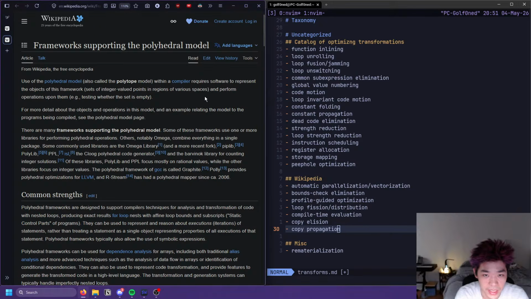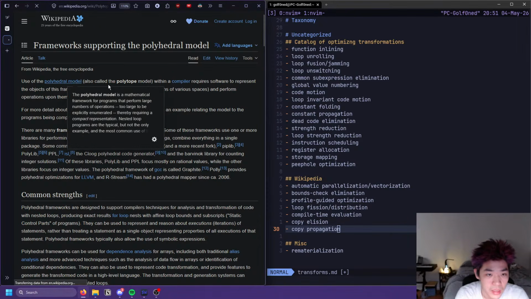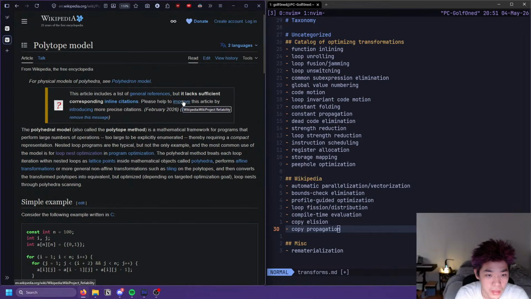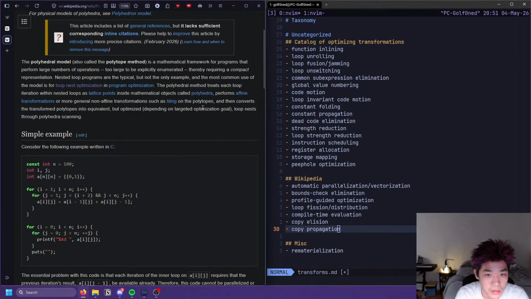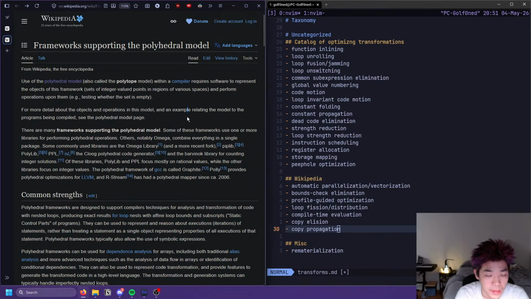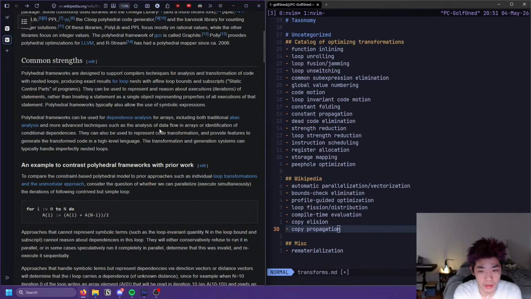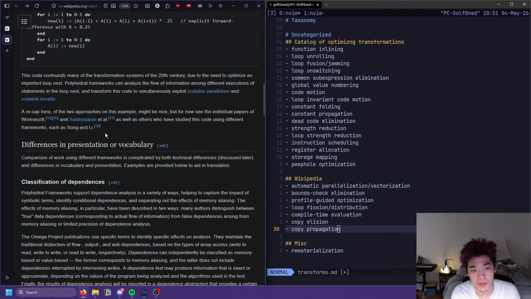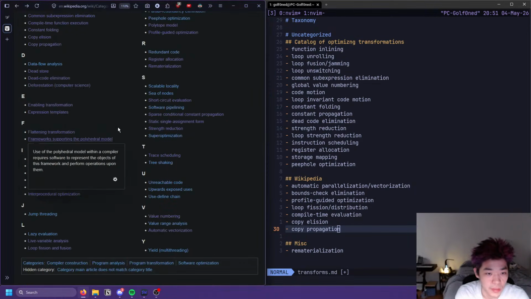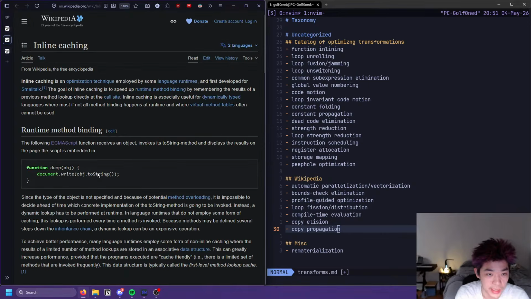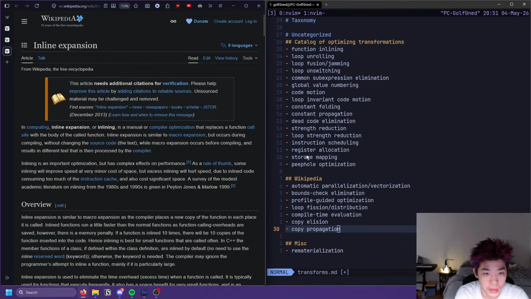Oh wait, no, this is interesting actually. I remember reading or hearing about this when I was looking at PolyBench specifically. Yeah, interesting. Okay, inline caching, inline expansion. Okay, we could kind of just call this inlining.